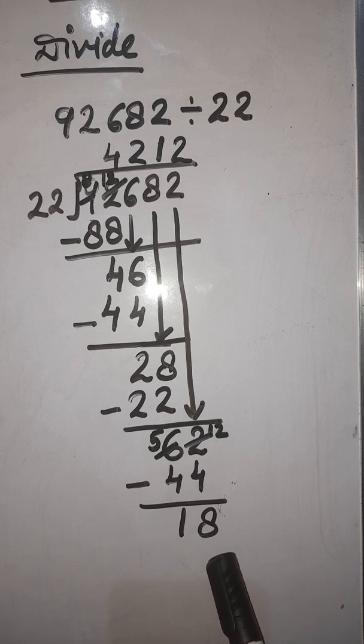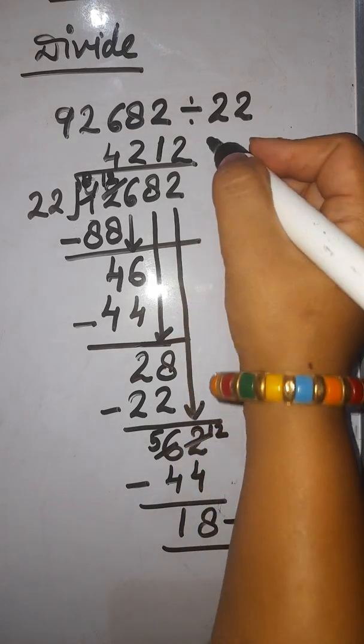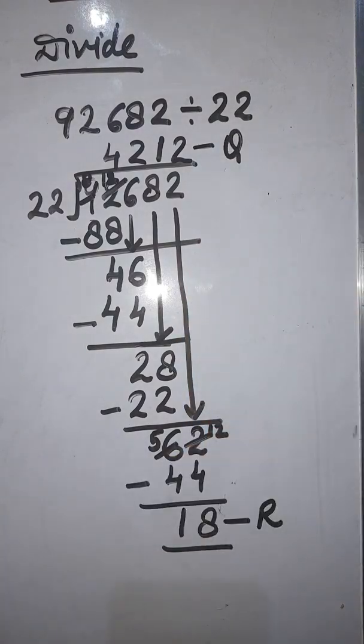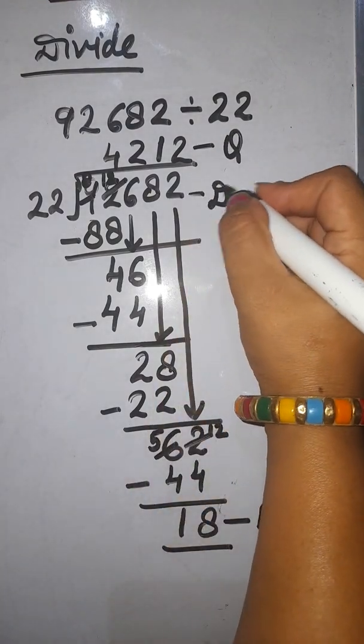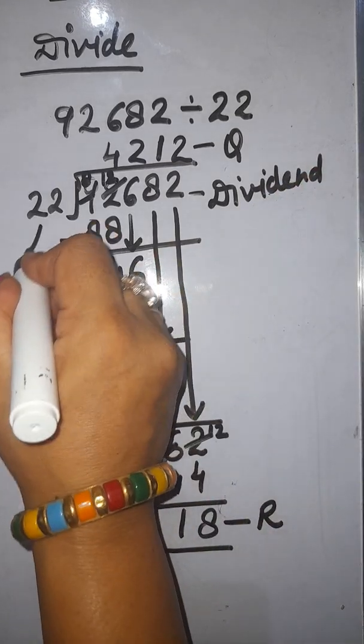Now we have 18 here. 18 is smaller than 22, so we can't divide it. It will remain here. It means it is the remainder, this is the quotient, this is the dividend and divisor.